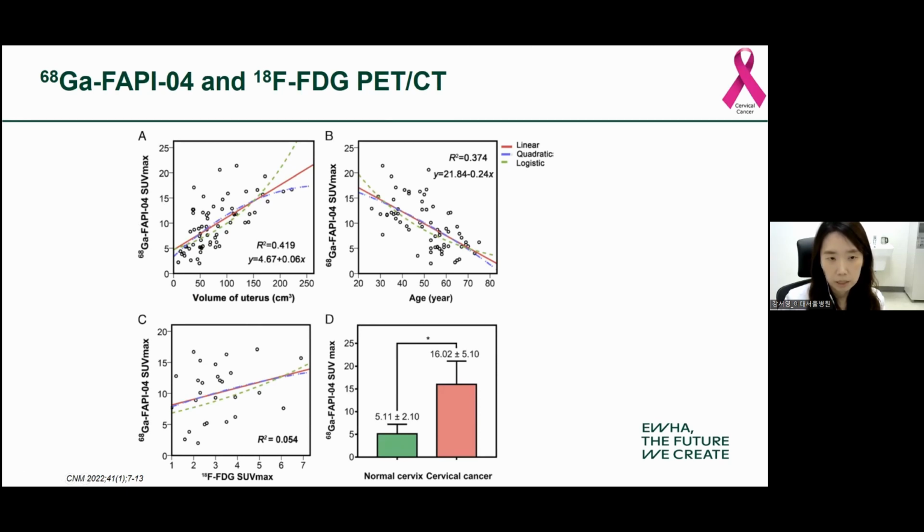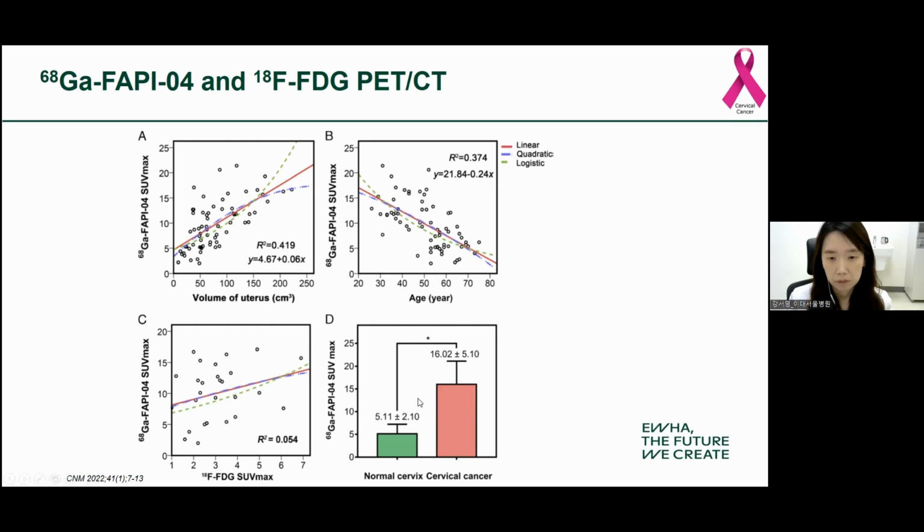So that means the FAPI uptake in the uterus is highly related to the activation state of endometrial cells. And there was no statistical correlation between FDG and FAPI uptake. And in cervical cancer patients, the SUV max was significantly higher than that in the normal cervix.